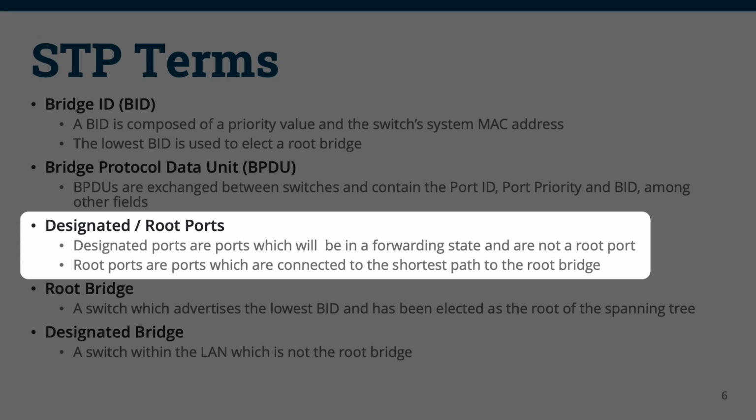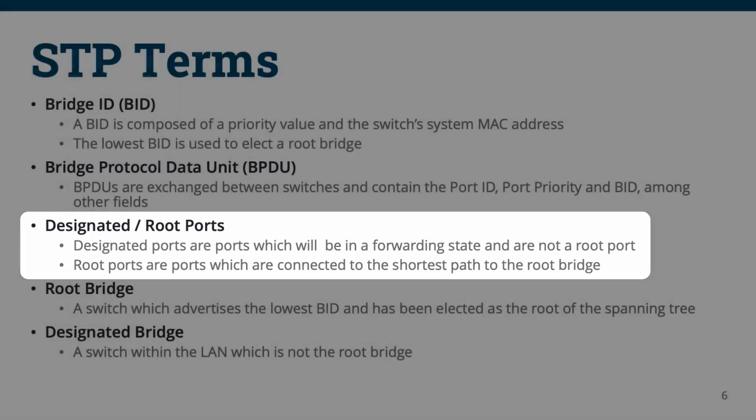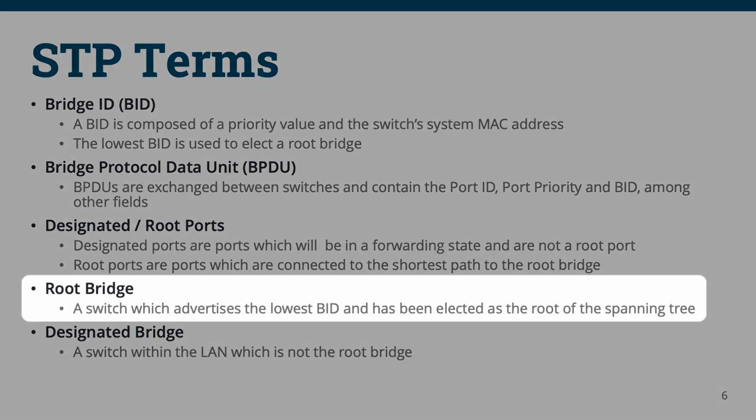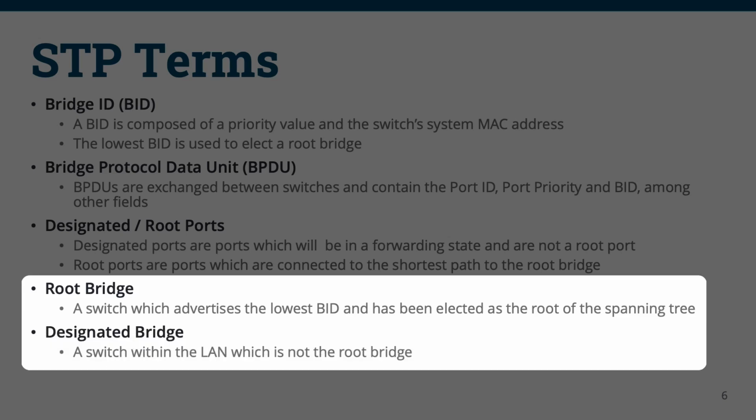These are downstream ports pointed away from the root bridge. Finally, we're looking at root bridge and designated bridge. We've already reviewed what the root bridge is, that it's the core of the network. Designated bridges are effectively all other switches in your network, which are not the root bridge.